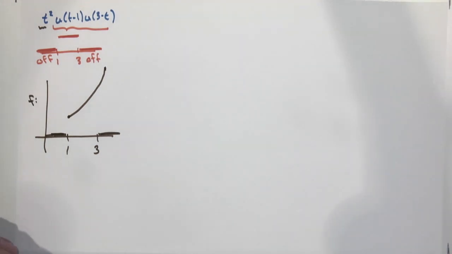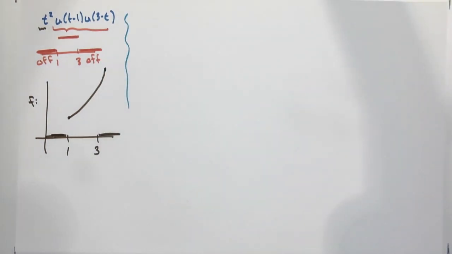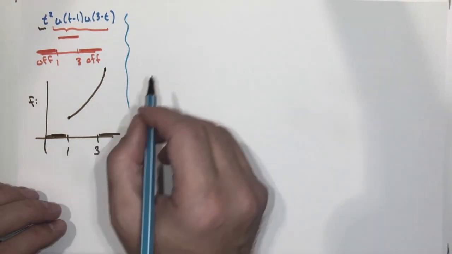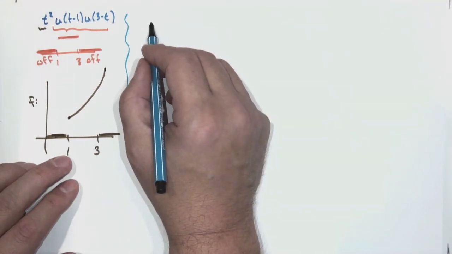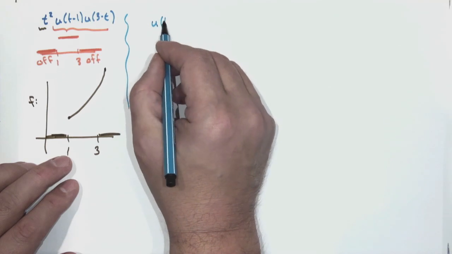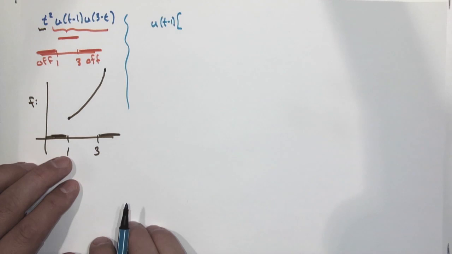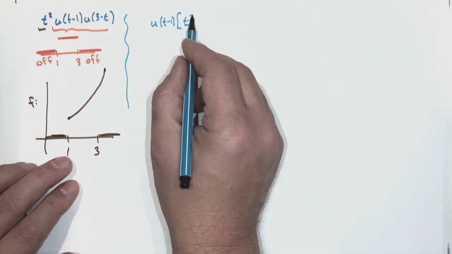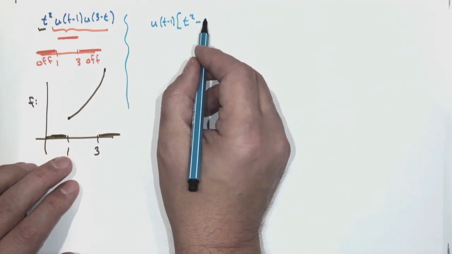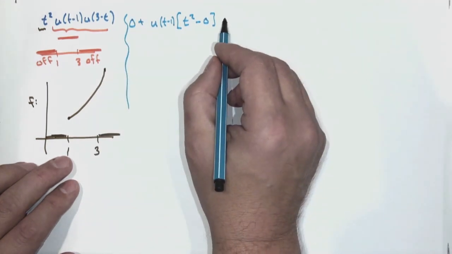All right, well, so embracing the philosophy we just talked about, we change behavior at 1. So we're going to have a u of t minus 1. And what do we multiply that by? So the behavior afterward is t squared. Behavior before is 0. So we can say initially our behavior is 0 plus, okay.